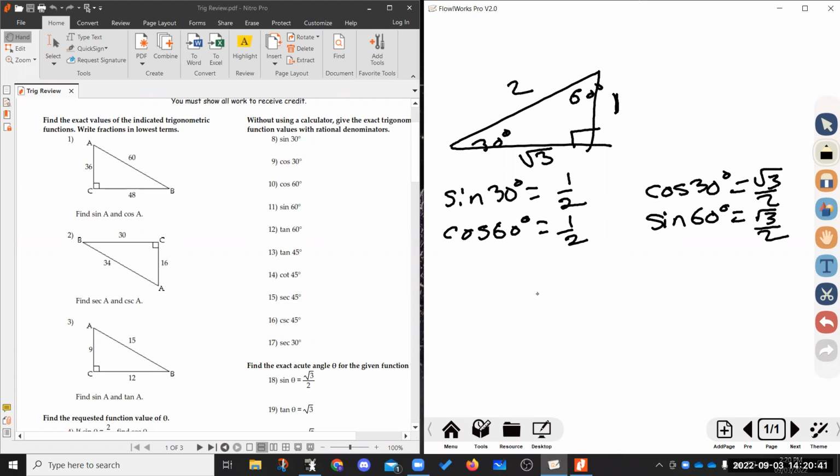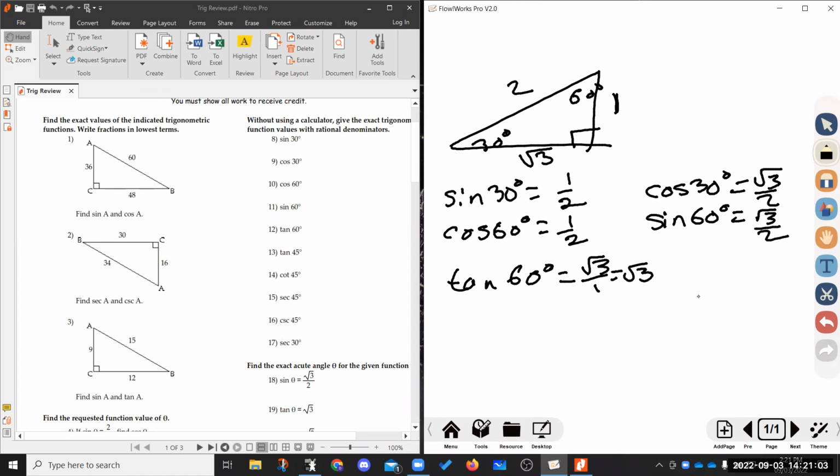Now we're going to go on to number 12. And the tangent of 60 degrees is going to be opposite over adjacent. So that's root 3 over 1, which is root 3. I'm going to jump to number 17.